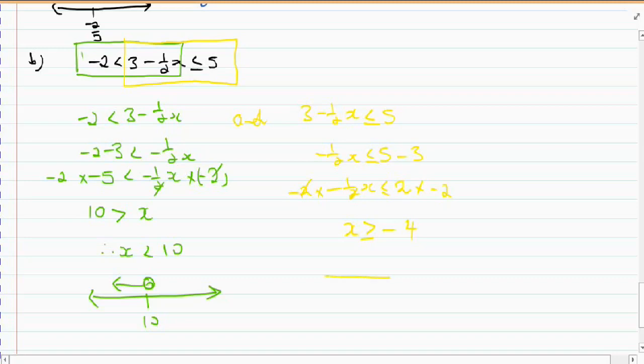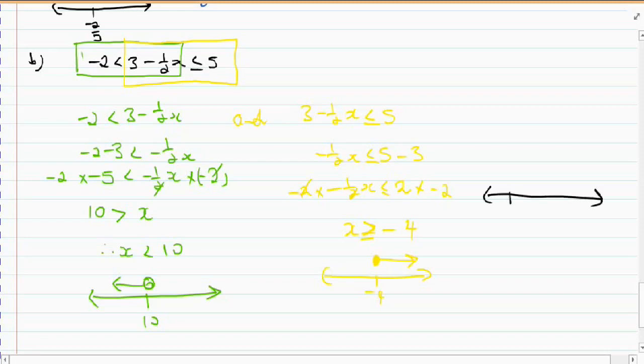On the number line, we have -4, and since we have greater than or equal to -4, we shade it in, and it must go to the right. For the combined inequality, we have a horizontal line.